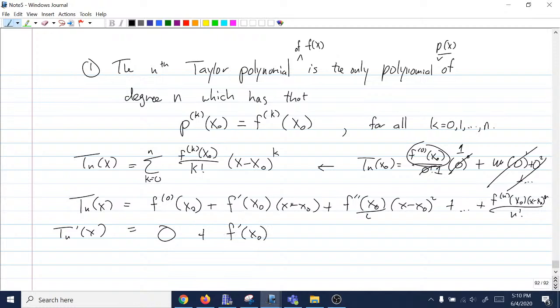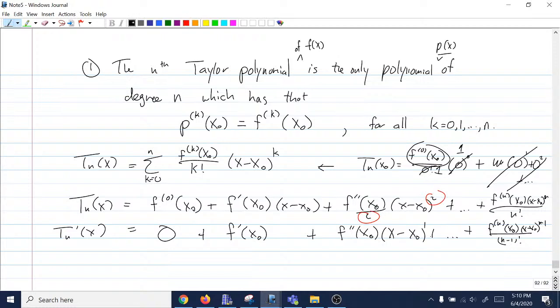I get f prime of x naught. This thing goes away. The 2 comes down and cancels with that 2. F double prime of x naught is a constant. I'm just using the power rule here. The last one has an n that's going to come out front, and I'll get an n minus 1 factorial on the bottom when n cancels with it. The nth derivative at x naught is a constant, times x minus x naught to the n minus 1. Those factorials are there to cancel out the powers that come down from the power rule.